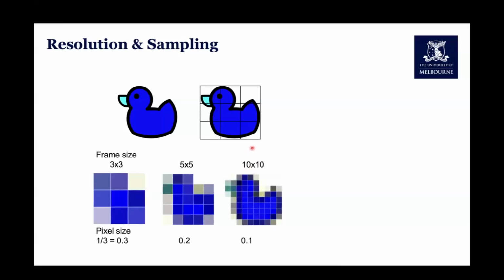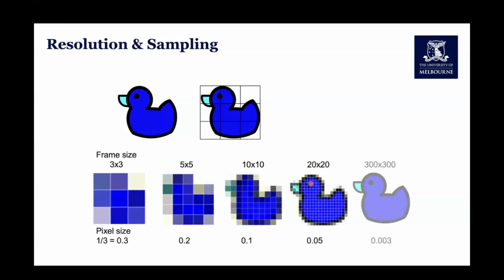If your research question, though, was to count the number of eyes that you could see on the duck, then you might need to go to something like 20 by 20 or even up to 300.